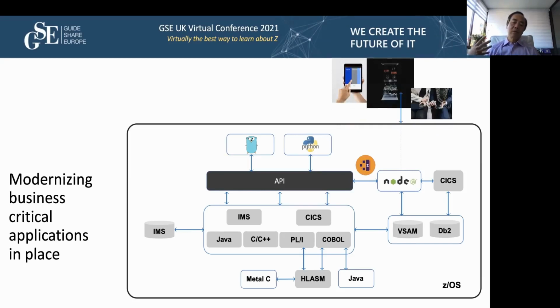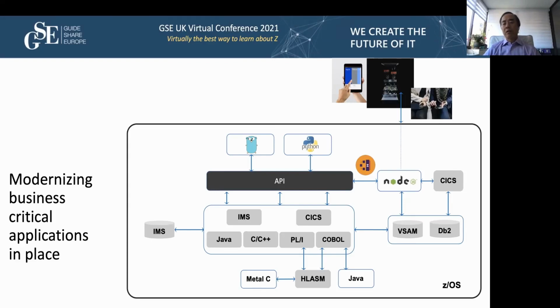When you get API requests from outside of z/OS, you can use Node to very conveniently handle the orchestration of these API calls, so that you return the exact data that the API is calling for, no more and no less.